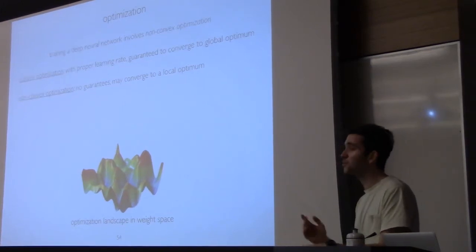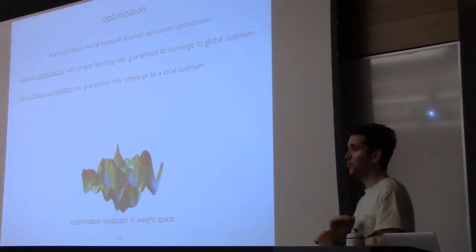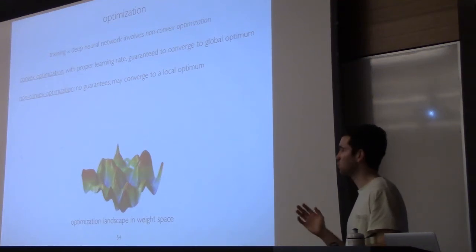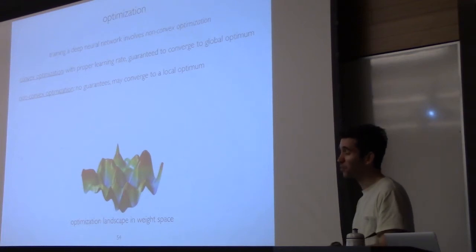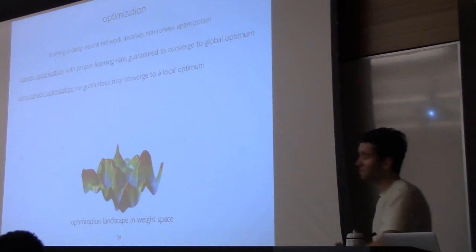It might take a while, but you can get there. Non-convex optimization, there are no guarantees. You might end up in a local minimum. You might go around the surface for a while and end up in a really bad local minimum. And so you might end up with a solution that's just not very good.